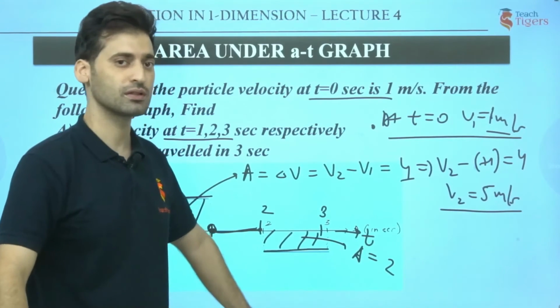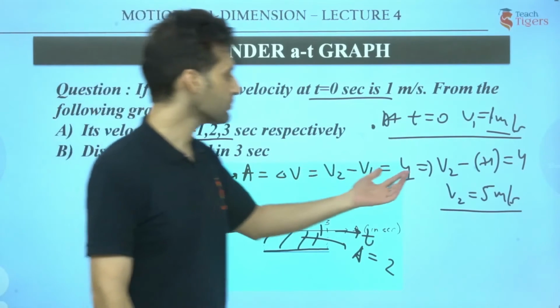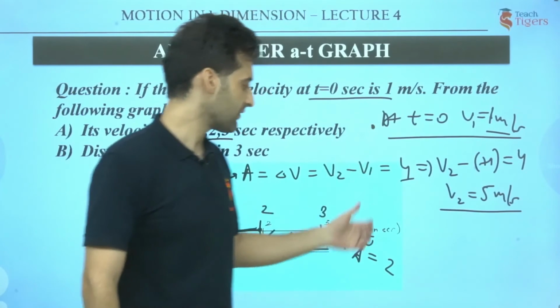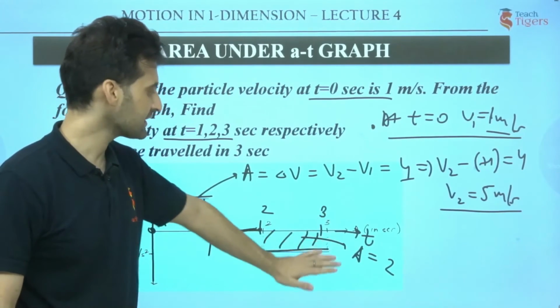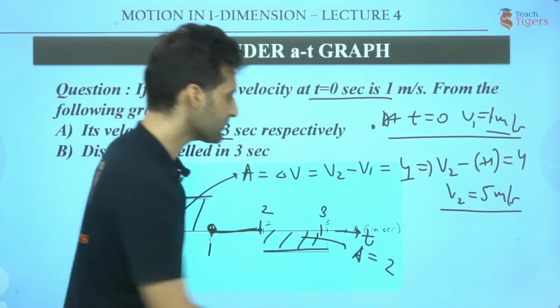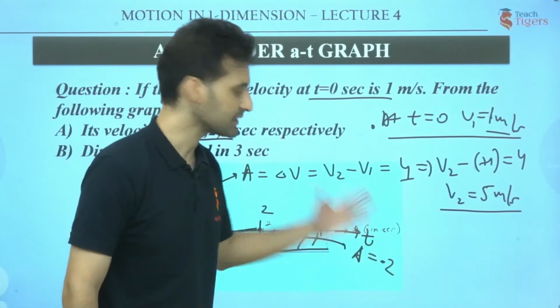Similarly here also, whenever the area is above the time axis, the change that you will take will be positive, a positive change in velocity. And whenever the curve is below the time axis, the area that you take will be negative, that means it will give you negative change. So instead of taking it 2, take it -2 over here.